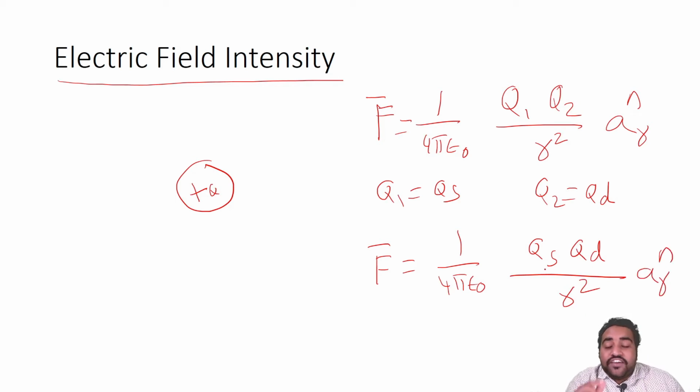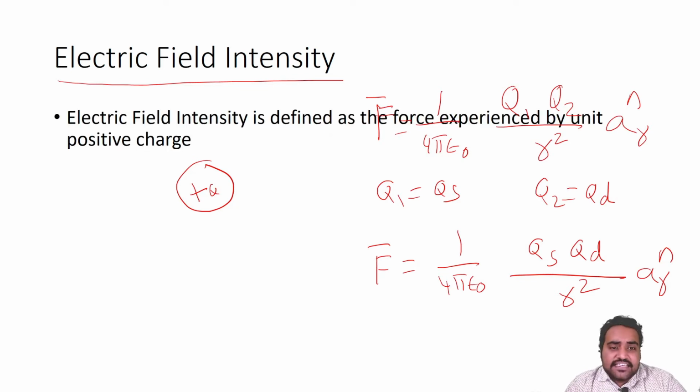But I want to define a physical quantity which is not dependent on the destination. I want to study the effect of force. Such a physical quantity is electric field intensity. Electric field intensity is defined as the force experienced by unit positive charge. That is, the destination charge is plus 1.